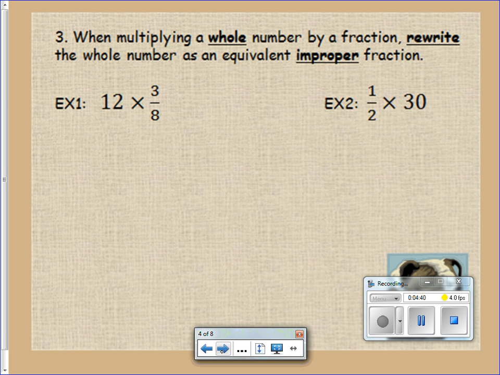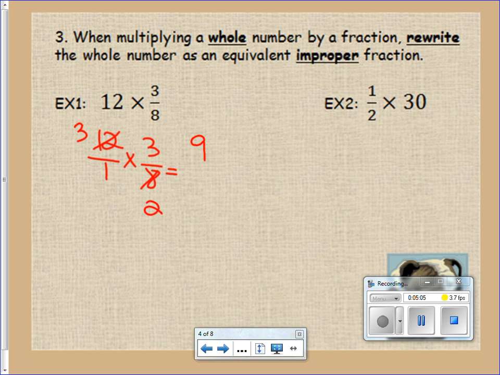Number 3, when multiplying a whole number by a fraction, rewrite the whole number as an equivalent improper fraction. So we're going to take, in our first example, 12 and put it over 1 times 3 over 8. Again, you can factor it out by 4. 3 times 3 is 9 over 2, or 4 and 1 half.